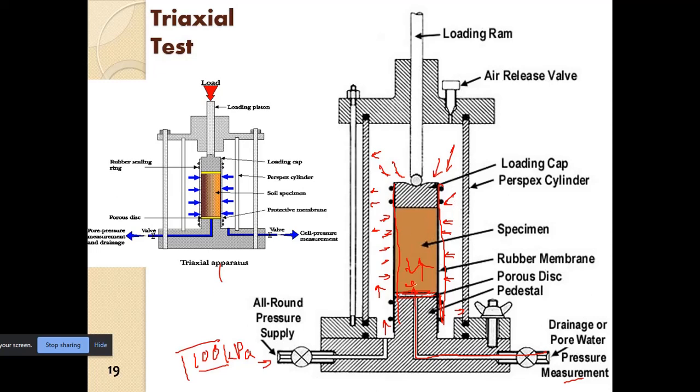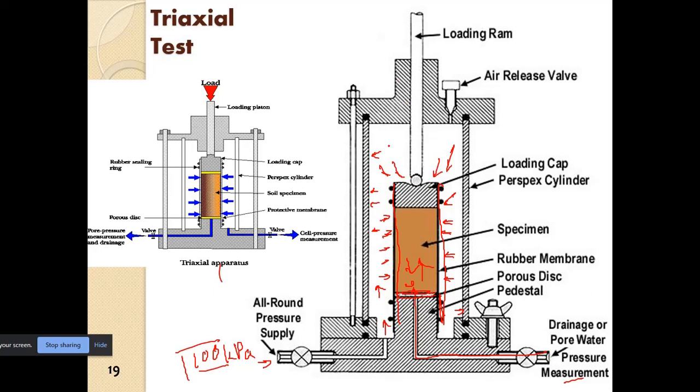Only, whatever pore water pressure, if we want, we can allow drainage into the soil sample and also from the soil sample, and if we want, stopping the drainage, we can measure the pore water pressure. So that is the basic advantage of the triaxial cell.